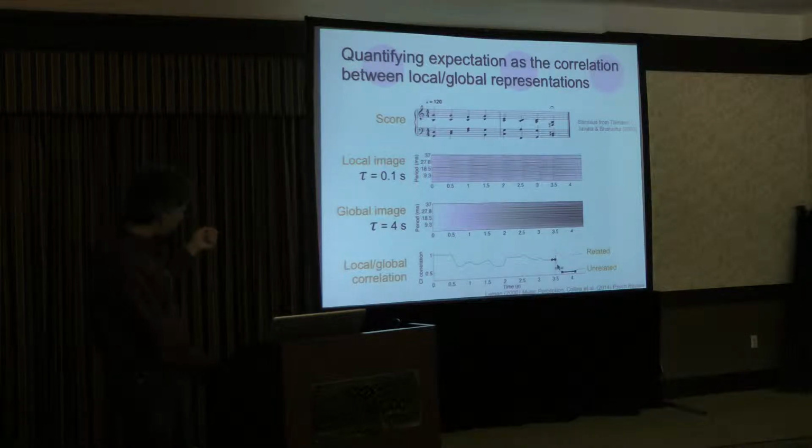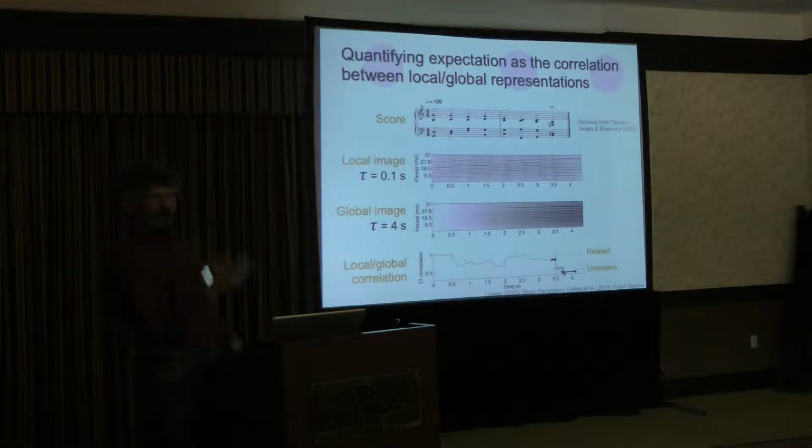You subtract from this value the baseline values. So in the 100 milliseconds preceding the target, you're basically looking at the changing correlation. Did this event create a worse fit with the preceding context, and so this is registered as an expectancy violation, whereas this is an expectancy fulfillment.